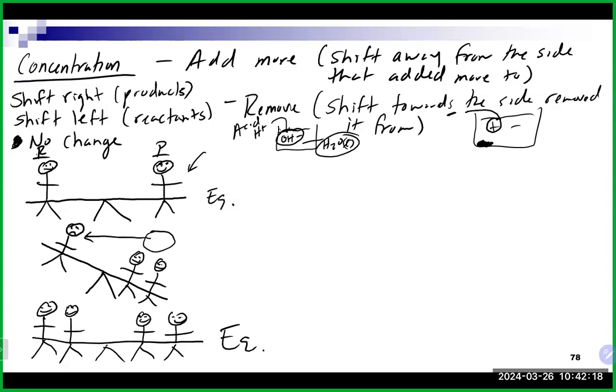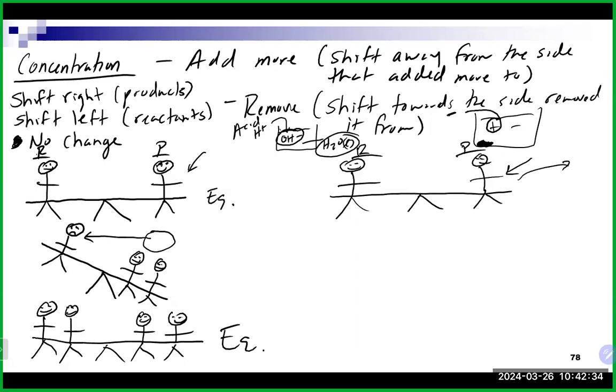Now, if we had our same situation here, reactants and our products, and this guy decided, hey, I'm just going to jump off here. I'm going to go off. When that guy goes off, we're going to get this situation that occurs. Not so good here.